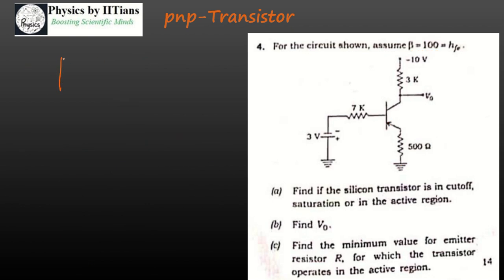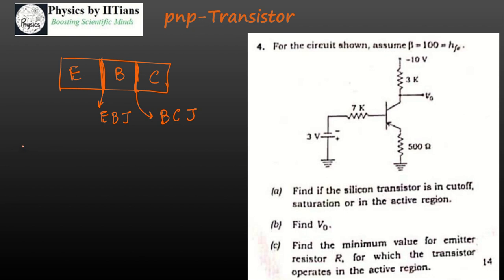First, let me draw the diagram again for the sake of completeness. So this is my emitter, this is my collector, and this is my base. This junction I am calling the emitter base junction, and this particular junction between the base and collector I am calling the base collector junction.